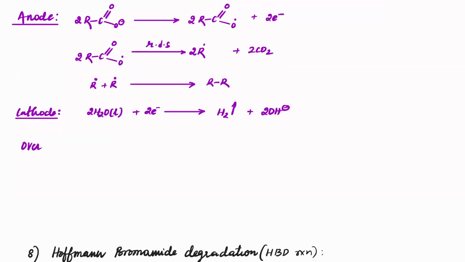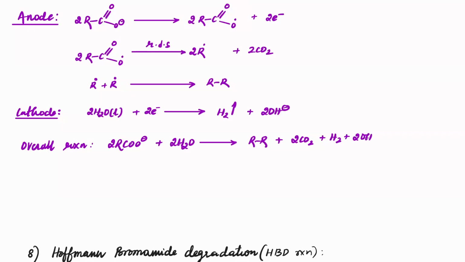So if I put the overall reaction, 2 moles of RCOOH, RCO minus, plus 2 moles of H2O together give R and alkane plus 2 moles of carbon dioxide plus H2 plus 2 moles of OH minus.